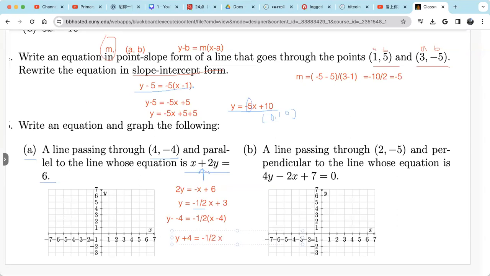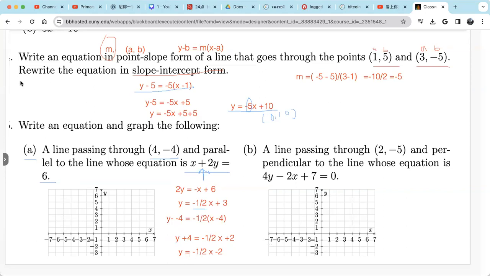Well, negative half times negative 4, that's positive 2. Then we can move 4 to the other side, so y equals negative half of x minus 2, because when we move positive 4 from the left-hand side to the right, it becomes negative 4. Negative 4 plus 2, that's negative 2. So that's the equation we found. So y equals negative half of x minus 2.